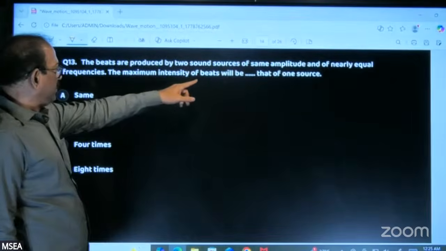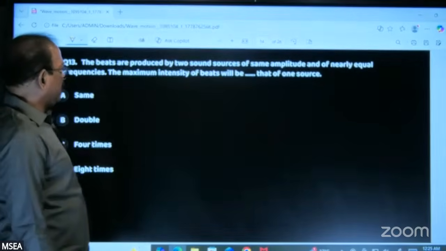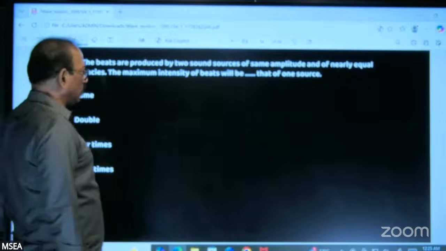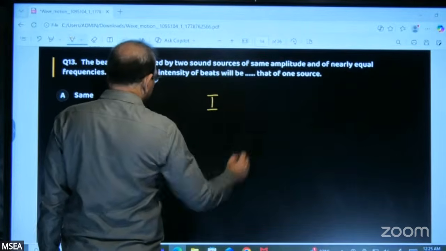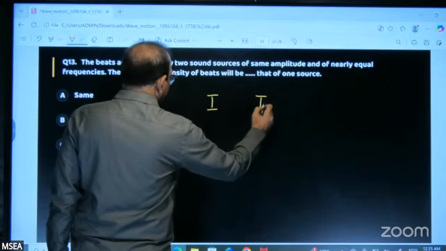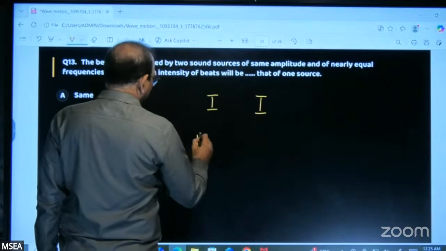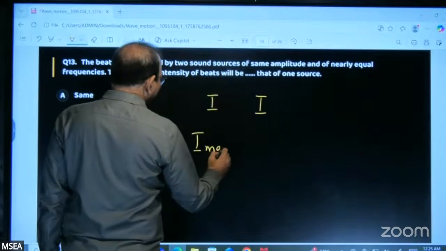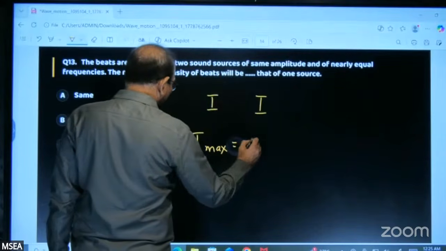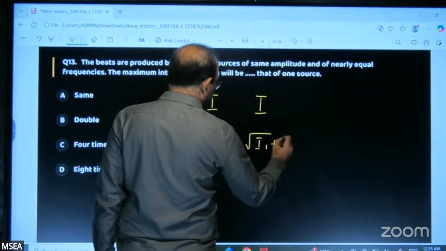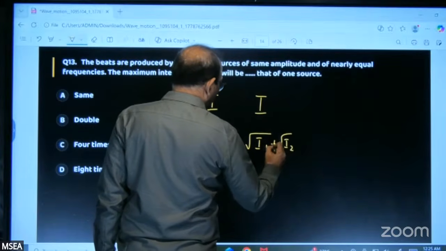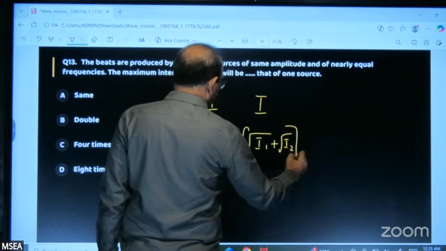The maximum intensity of beats will be dash that of one source. Means one source has intensity I, the other source has intensity I. What is the maximum intensity? Root I1 plus root I2 whole square.